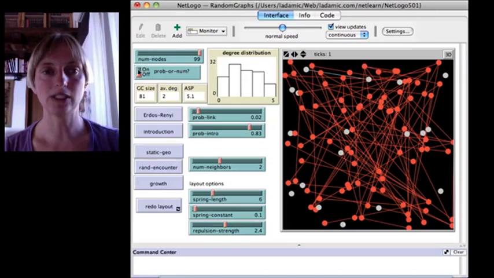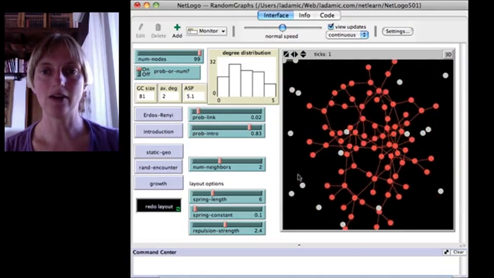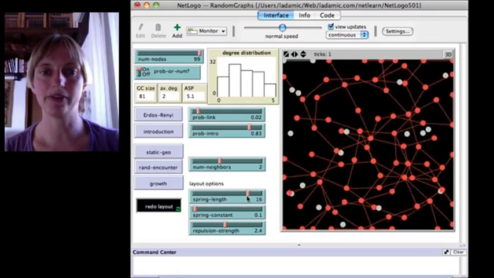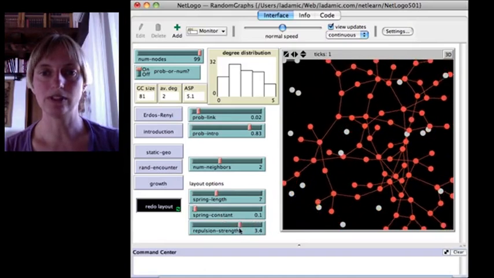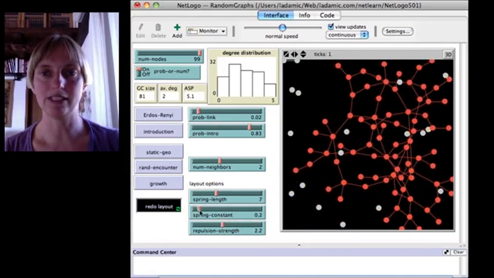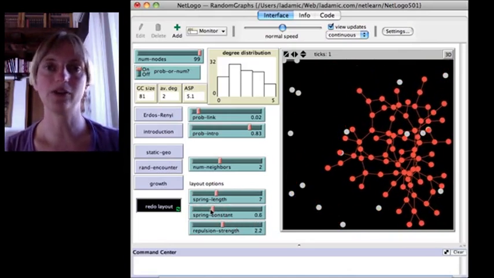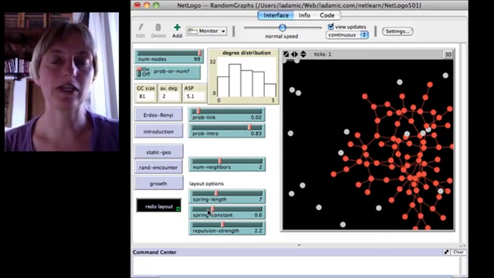So probably you want to start off with using probabilities, p, instead of the number, which is the average number of neighbors that you want in your network. And you can lay out this network, and there are some parameters you can change. For example, the length of the springs, or the repulsion strength, and even the spring constant, and you can see how all of those work out for you. The main point is just that you see a little bit of the network structure and you can evaluate what the model is doing.